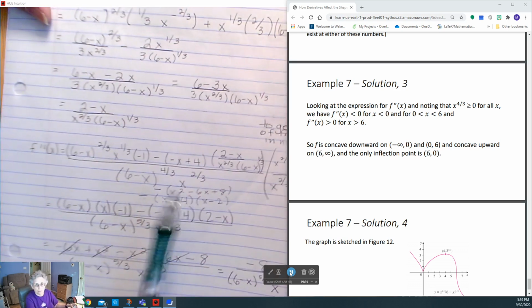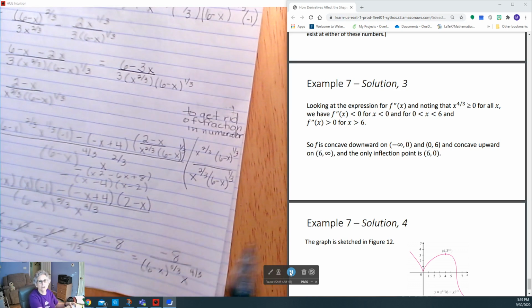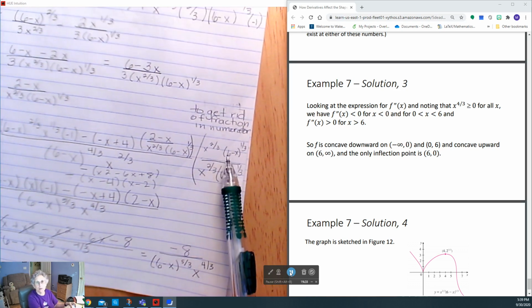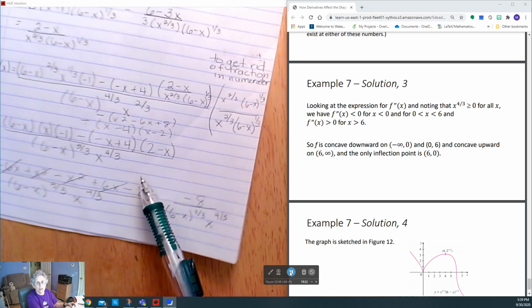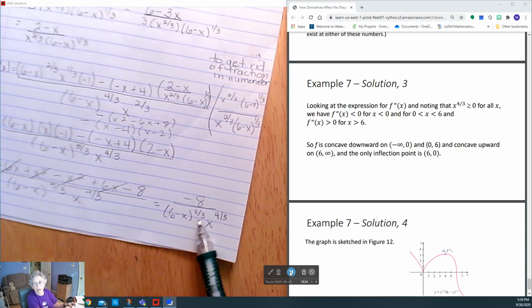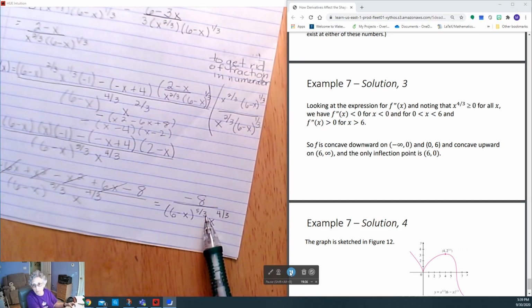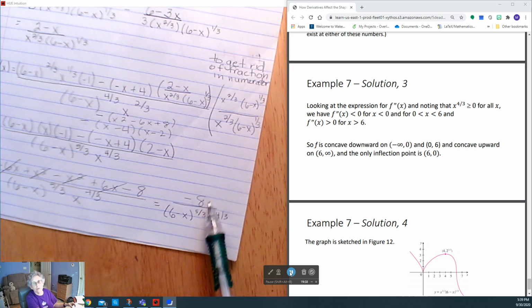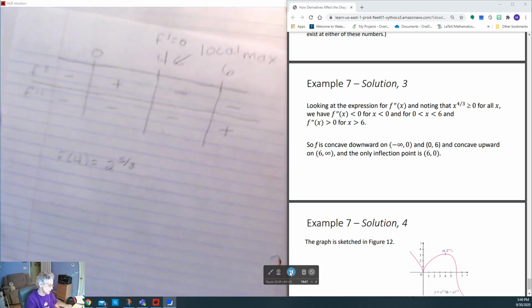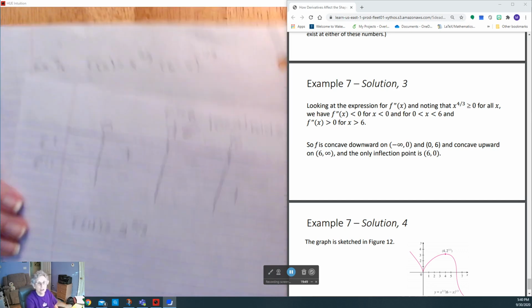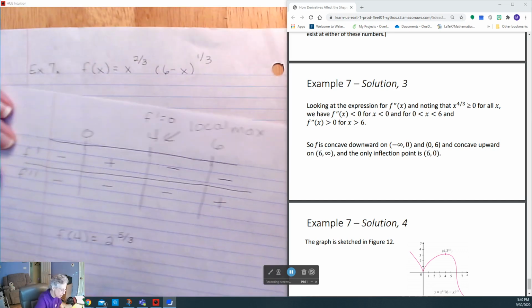I ended up with a fraction on top of a fraction, which offended me, so I multiplied by the denominator to get rid of it, and somehow I just ended up with a -8 on the top. So the second derivative will never, no not ever, be equal to 0 because the numerator will not be equal to 0.